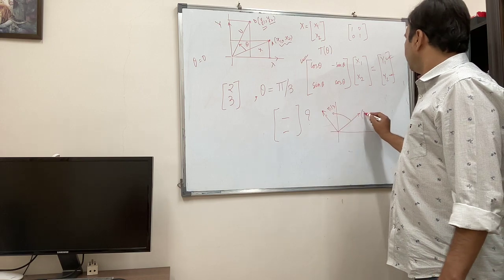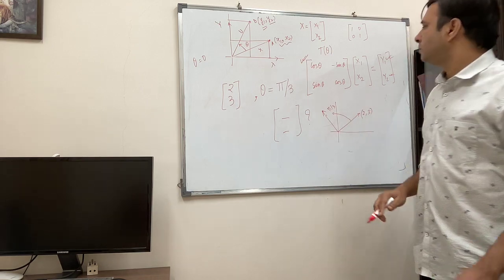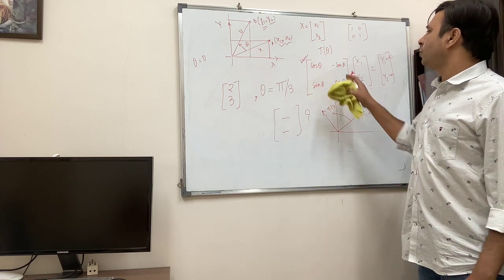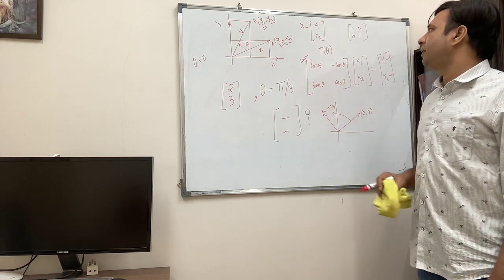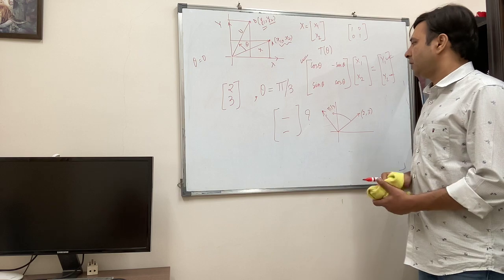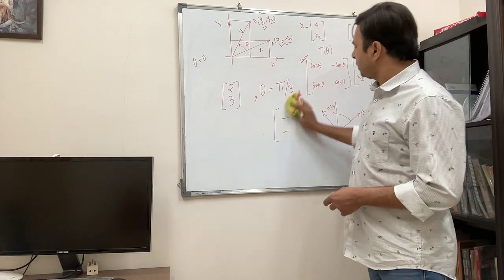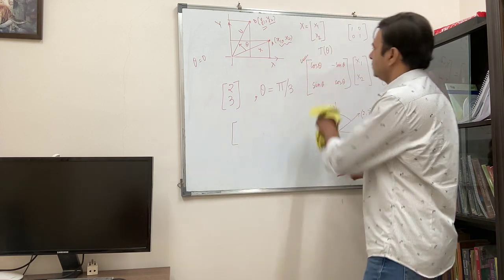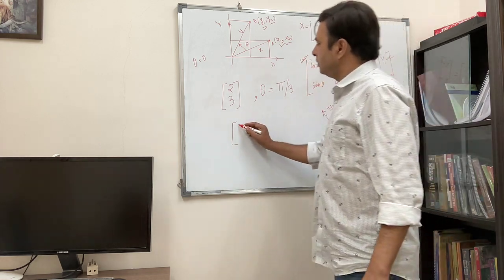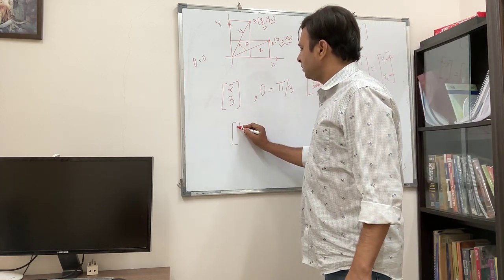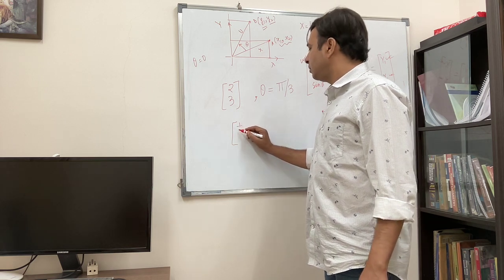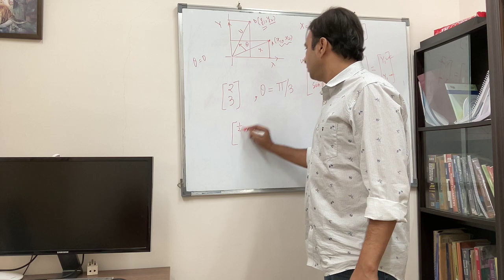So this is 2, 3. What should we do first? We should find out what my transformation matrix is. So what is my transformation matrix? Cos pi by 3, which is 1 over 2.